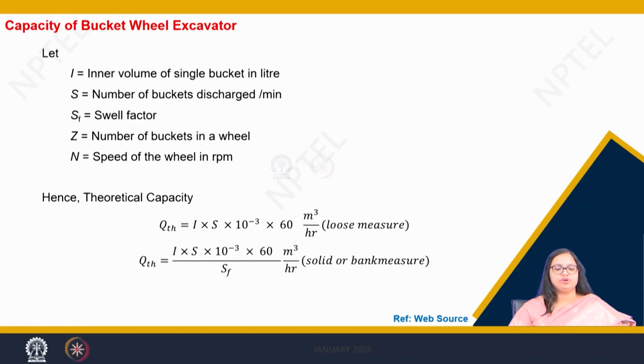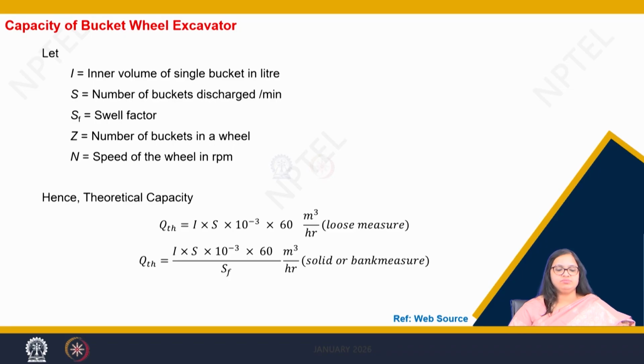Now, when we talk about the volume of a bucket, it is the volume of a single bucket, not the summation of all the buckets. So, how do we calculate the theoretical capacity of the bucket wheel excavator?